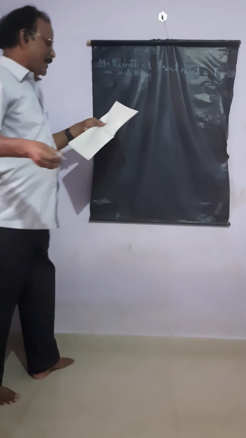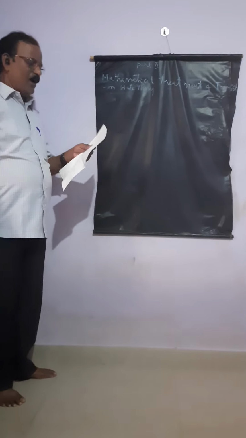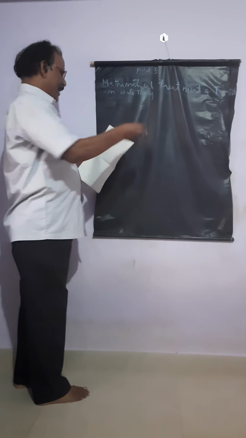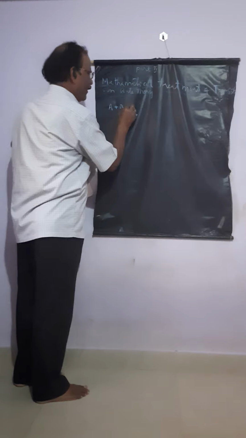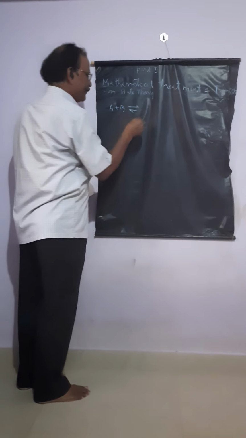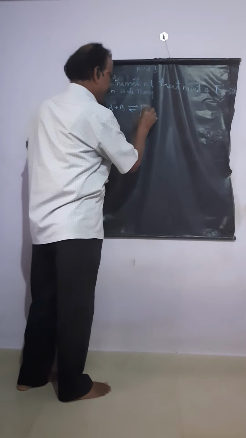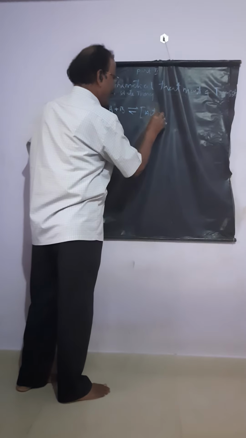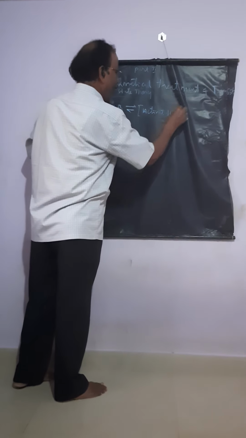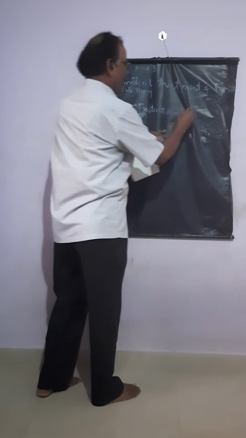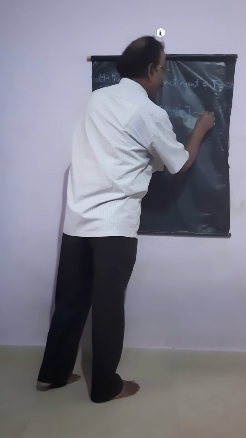So, as usual, consider a bimolecular reaction: A plus B reversible equilibrium gives rise to activated complex, which gives rise to product.